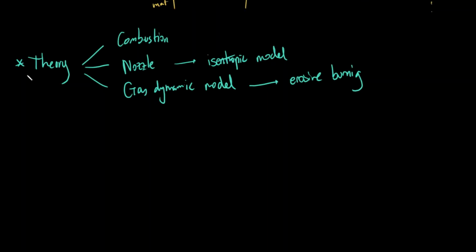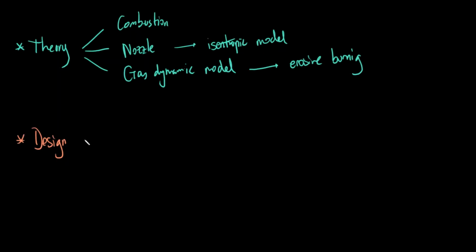So theory, then design principles of the grain of a solid rocket motor, or the grain geometry. Not only the typical grain geometry, so you may be familiar with BATES, monolithic.